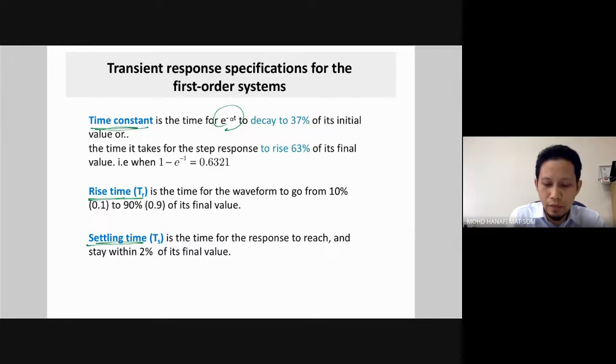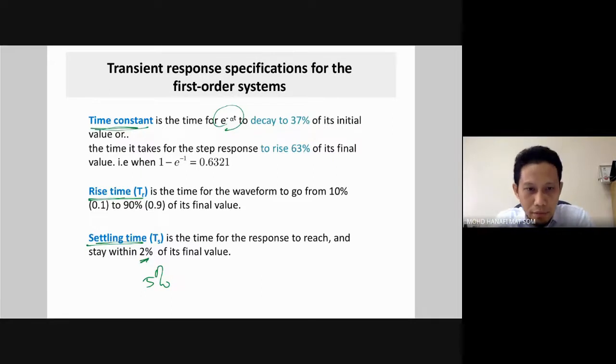Settling time is usually by default defined as 2%, but we can also define the settling time as 5%. So it depends on the questions. Whenever it's settling time, by default it's 2%, unless stated settling time at 5%.